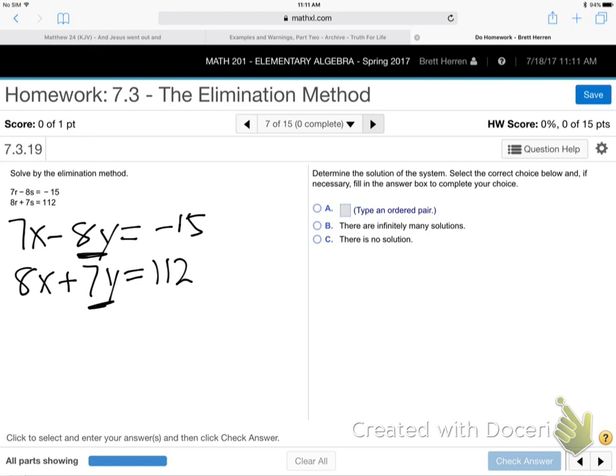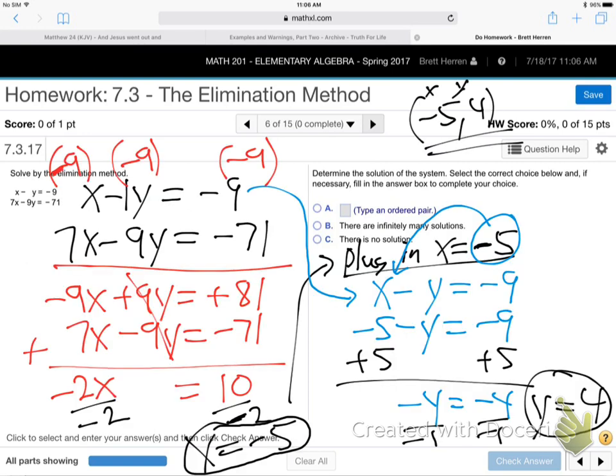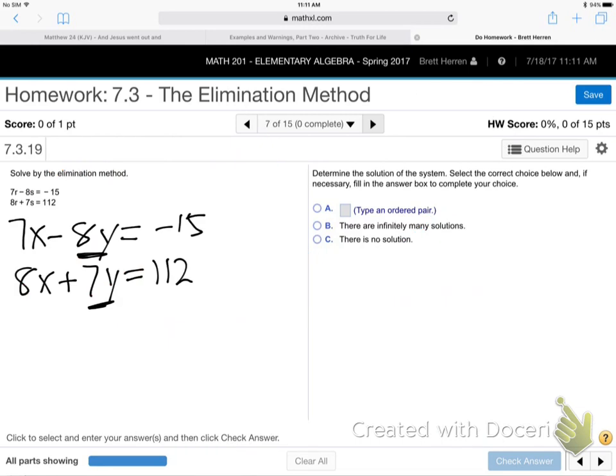So you see the difference? If one of them has a 1, you just multiply by the other guy. But if neither of them has a 1, if they both have different numbers than 1, then just multiply by the opposite guy. That'll do it.